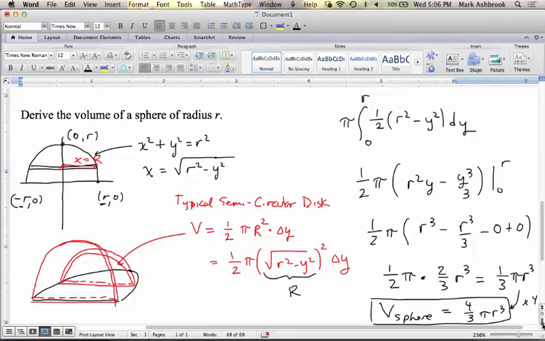Other questions? I didn't understand how you moved from the first figure to the second figure. So this down here is what I drew up here. I just took this semicircle disk and laid it flat.